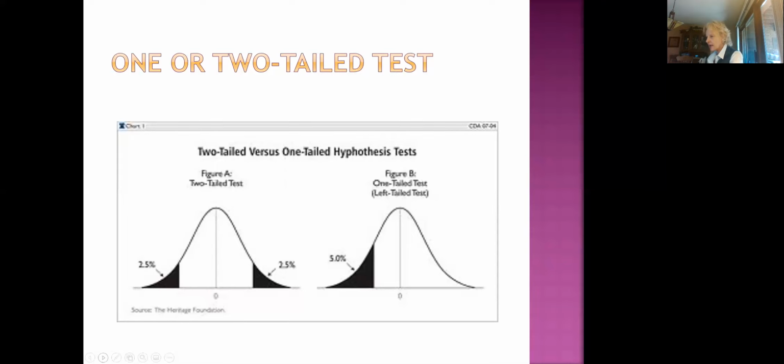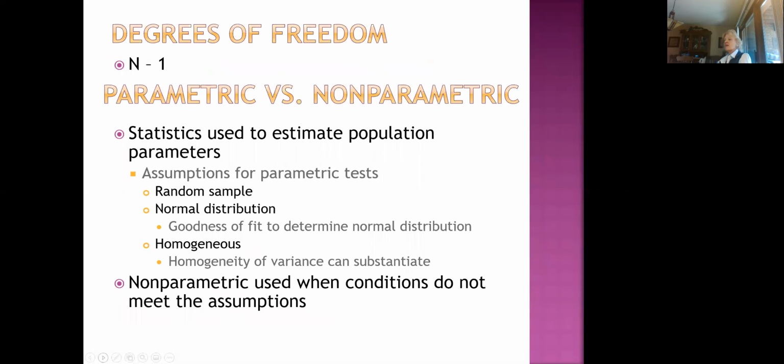But again, we only do that if we have extremely good data to support that. So once again, the degrees of freedom are calculated by your sample size minus 1, and the statistics are used to estimate the population parameters.